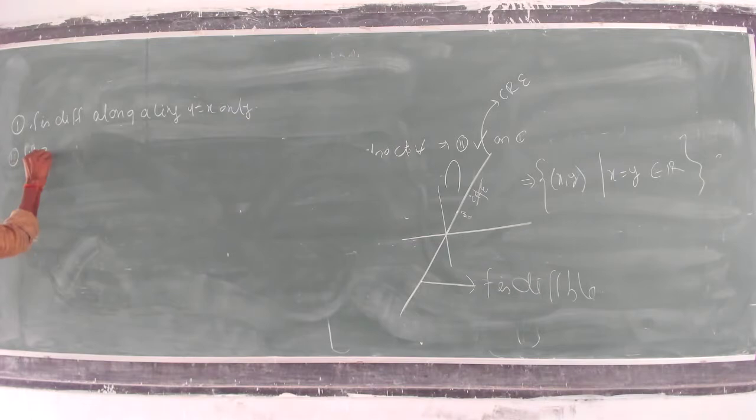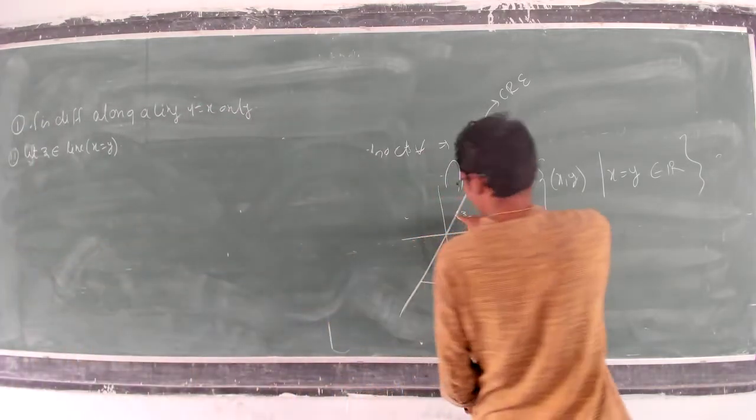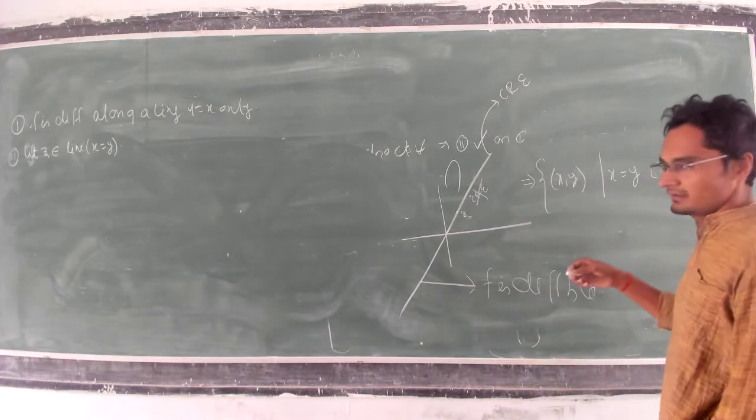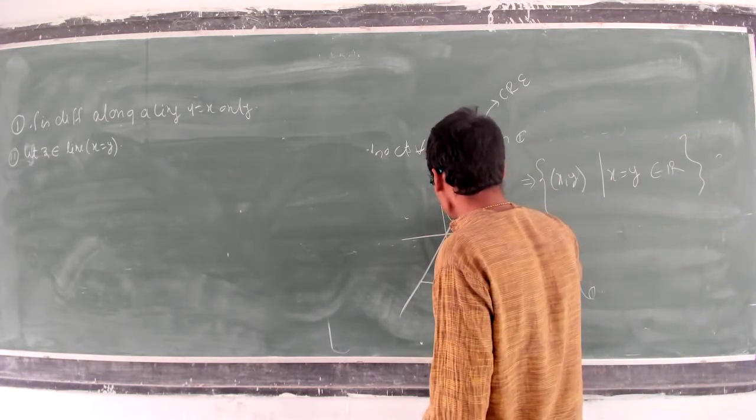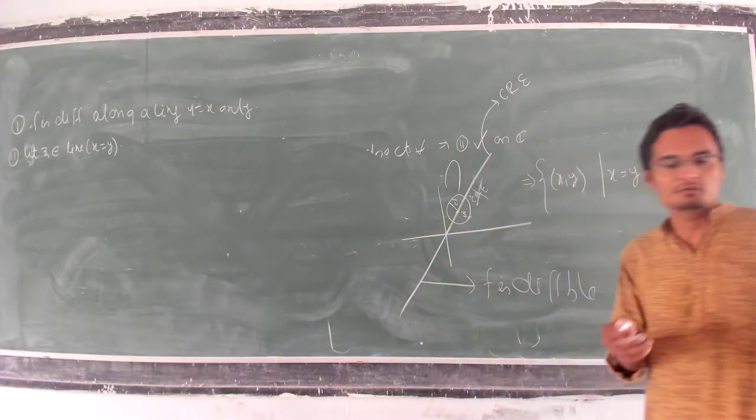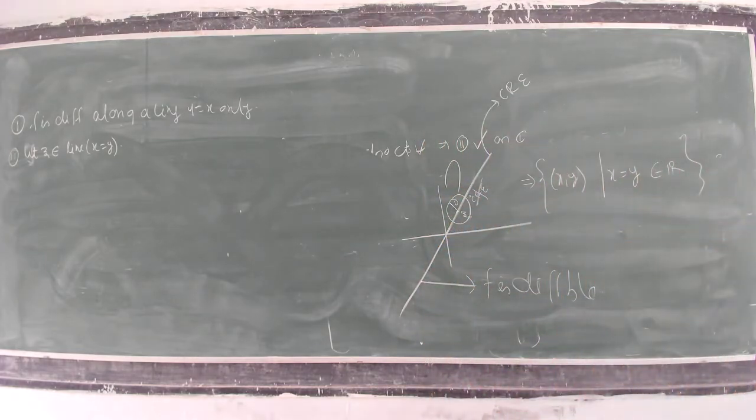So the next point is, let z naught belong to a line, where x is equal to y, right? So take z naught here and then take a radius delta and take a disk around the point, or you simply make a ball around the point.